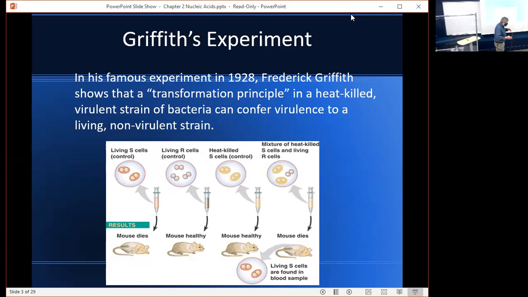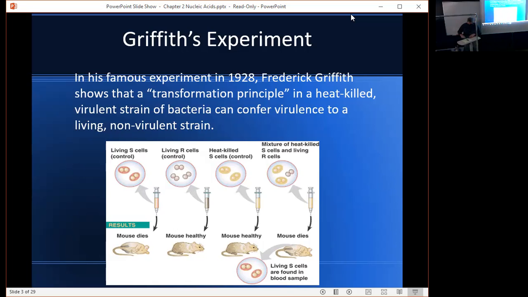So slowly, over the course of a couple of classic experiments, evidence started to accumulate that DNA was actually the molecule that carried genetic information. First, Griffith's experiment, a classic experiment.